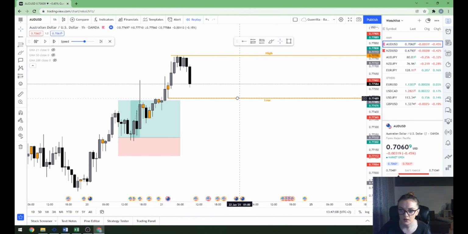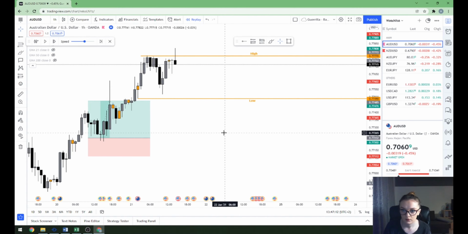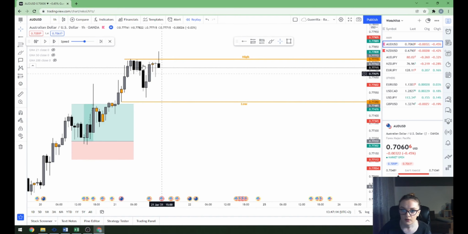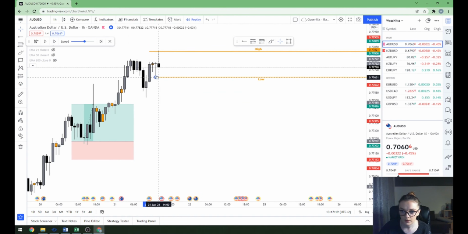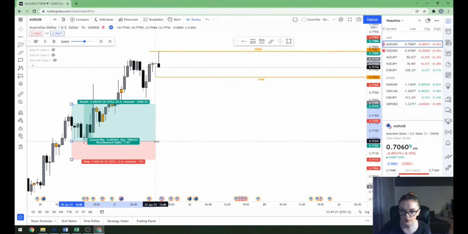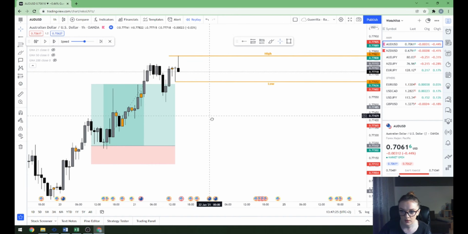Okay, our high is here, and let's see what will happen next. Okay, we've got a new high, meaning that our low will be right here, and our stop loss for this position will be 20 points below this candle.